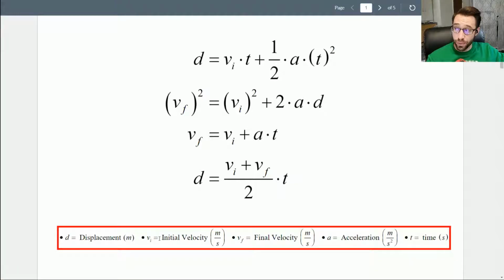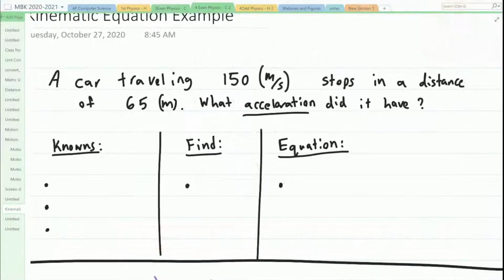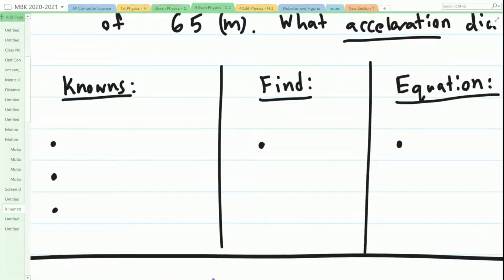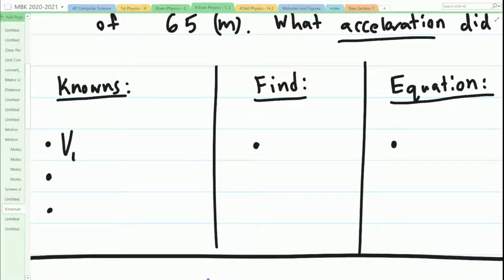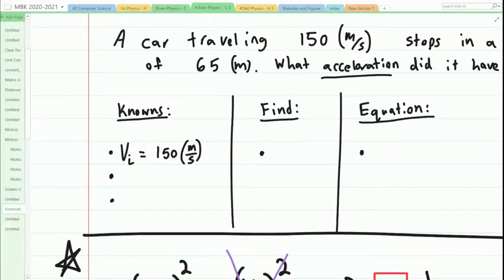So 150 meters per second corresponds to our initial velocity. The variable for initial velocity is, I'm going to zoom in a little bit, v sub i equals 150 meters per second. Cool. So that's the first value that we come across.